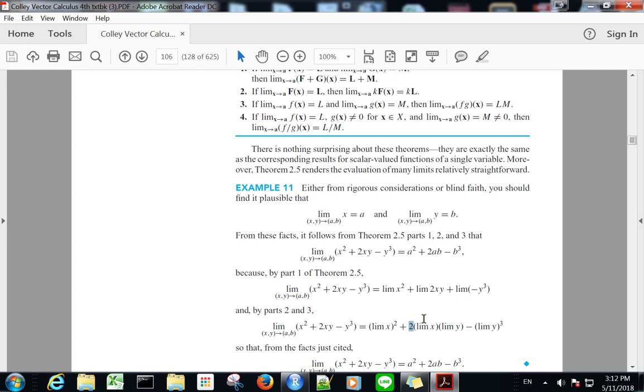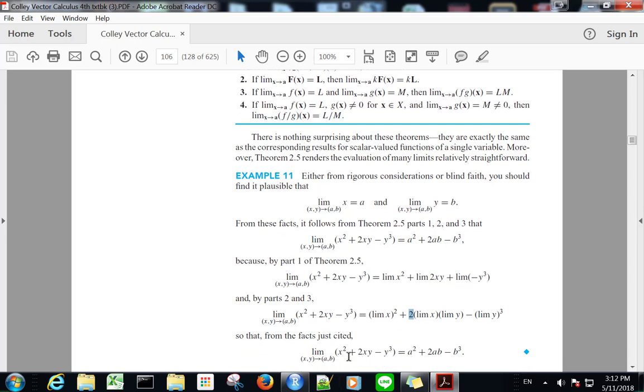Okay, and so now we see, and also then from knowing these, we know now that we can do this and get just the x value, so just a here. So this is a squared, and this is 2ab, and this is b cubed, so you get this.